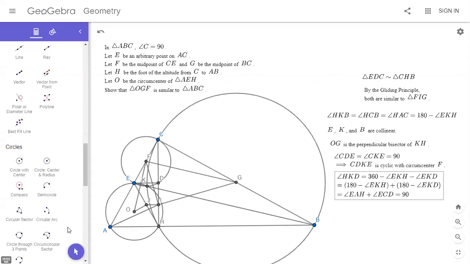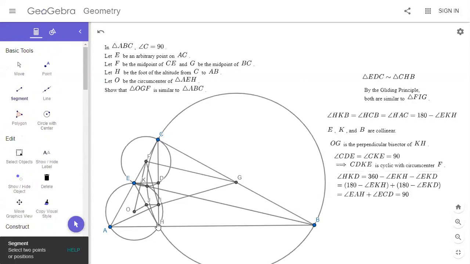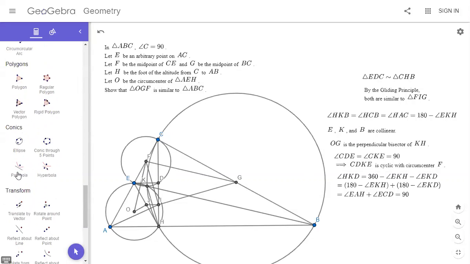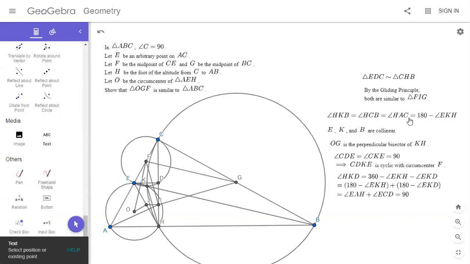Okay, so once we know that angle HKD is 90 degrees, we're basically there because, okay, so we know that angle FIG is equal to 90 from the similarity. We have angle FIG equals 90.